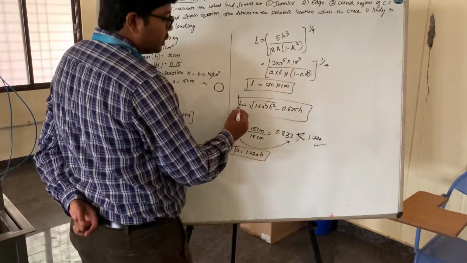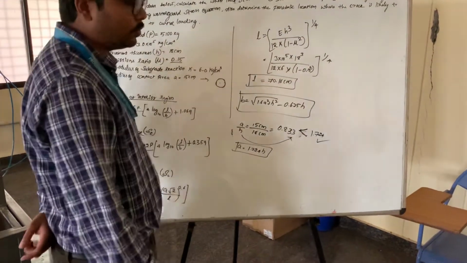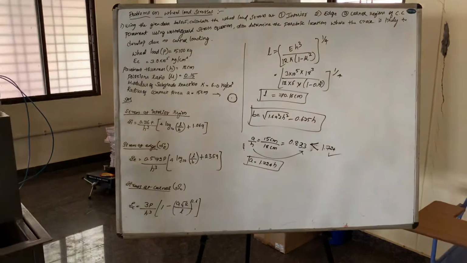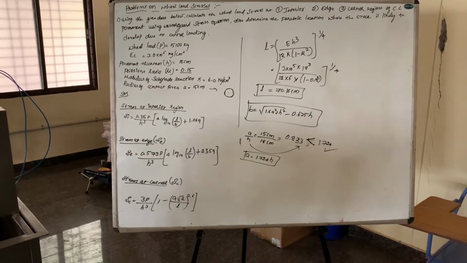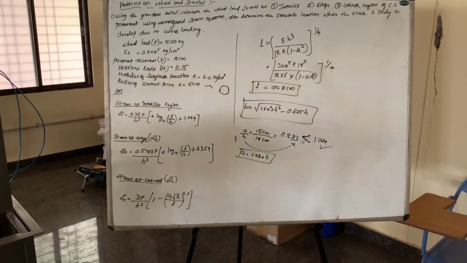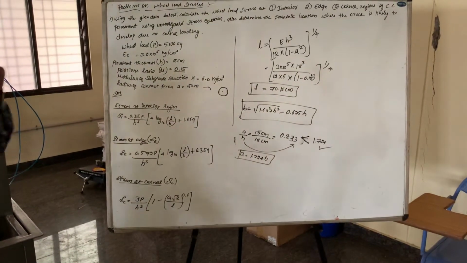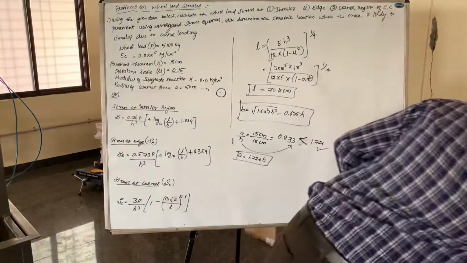So we have to take this formula, that is b equal to root of 1.6 a squared plus h squared, minus 0.675 times h. Now we have to calculate using the formula.